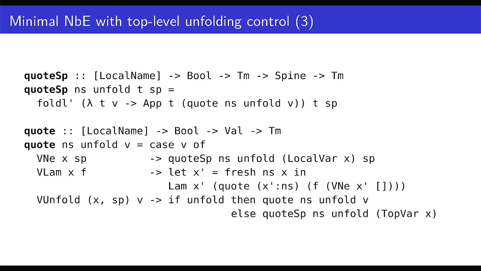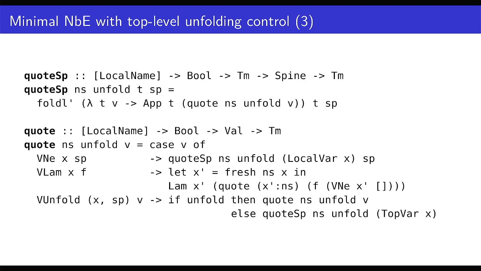So if I have a neutral value, I can essentially just generate a nested application as a term from it, because the neutral value just represents an iterated application to a bound variable. If I have a lambda, I can grab a fresh variable, and then I can create a term for the body of the lambda, and then recursively proceed.